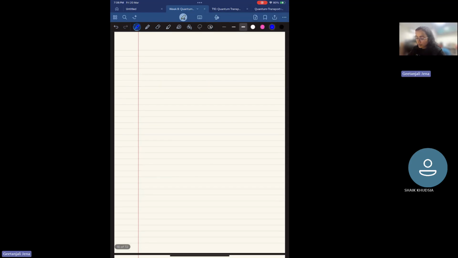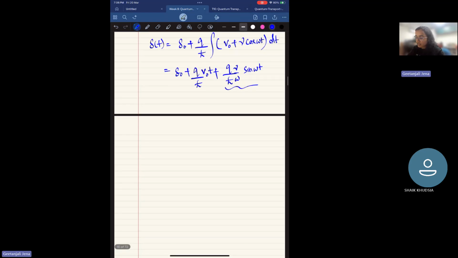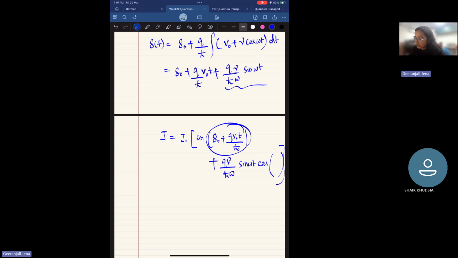And after doing some approximation, that this term is very small, we find that the current we can write as J is J0 sin of delta 0 plus QV0 t by H cut plus Q nu by H cut omega sin omega t, cos the same part here.